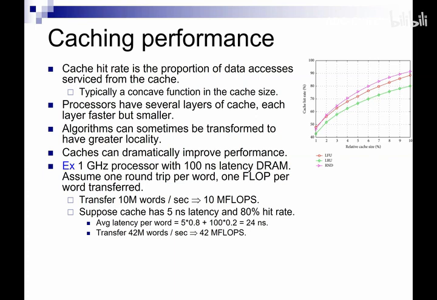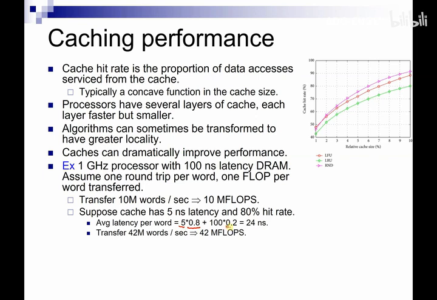Now suppose you add a cache to this processor, and suppose the cache has 5 nanoseconds of latency. Furthermore, suppose you have an 80% cache hit rate. Then on average, the latency you incur per word is that 80% of the time we take 5 nanoseconds to fetch the word because we can get it from cache.